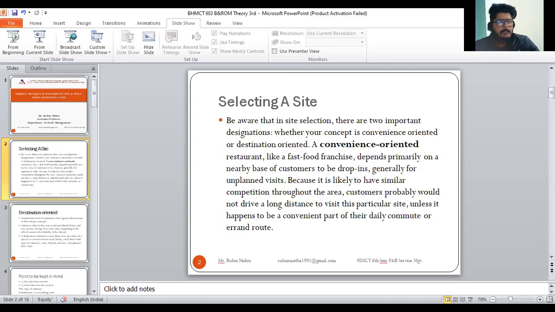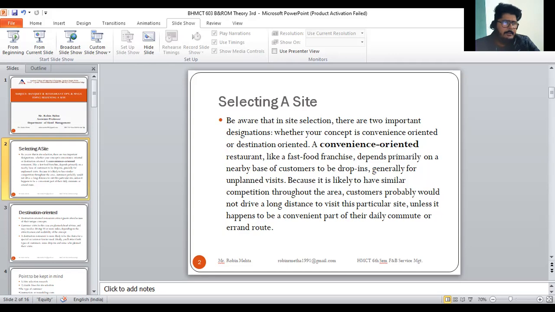Because if somebody is going 10 to 20 miles to eat something, then that particular restaurant has some different things to offer to that guest, and only then can you pitch your customers or your guests.